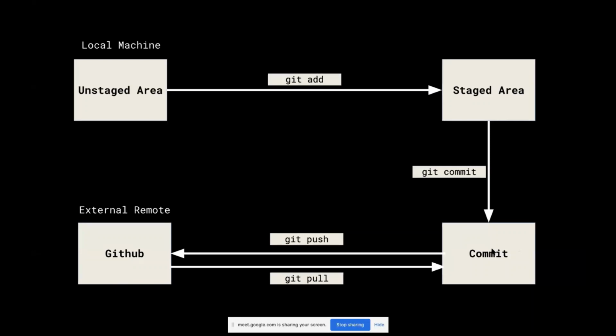And why is that? Because as I said earlier, VCS is keeping track of all the changes that you're making to a particular code base. Now those changes are tracked in terms of commits. So when you're making a commit to a particular file, that commit will be stored in the servers of github.com.